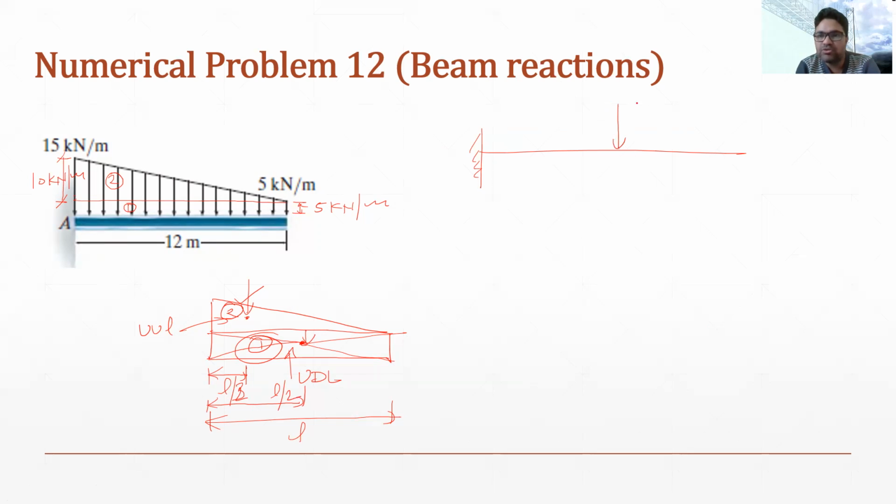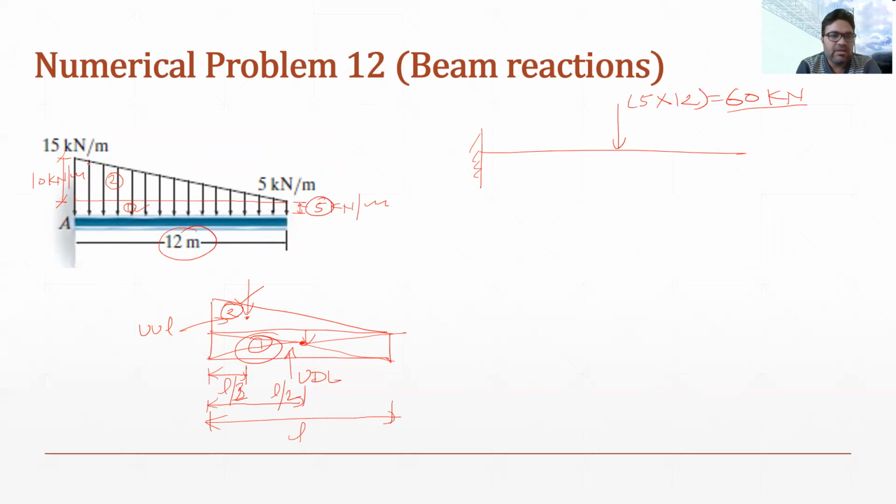One is because of the UDL, which is 5 into 12, so that becomes 60 kilonewton. That is the area of part 1, and that is point load 1.